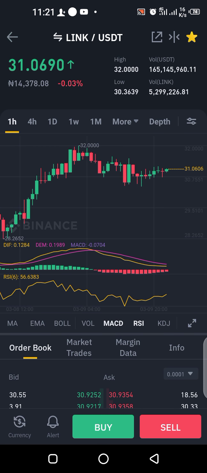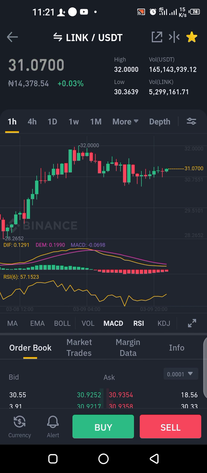Now, if you have like $100 you want to invest in the market as your capital, just pick two coins whose values are either below 100, or maybe like 20, 30, $50. Pick two coins with your $100.